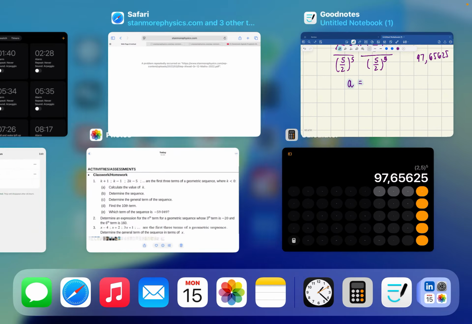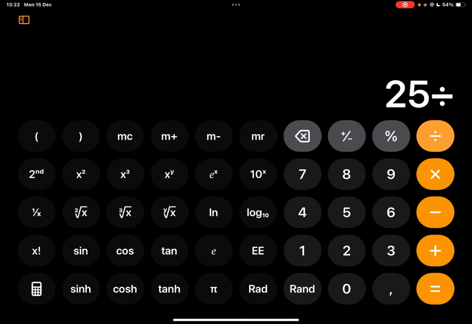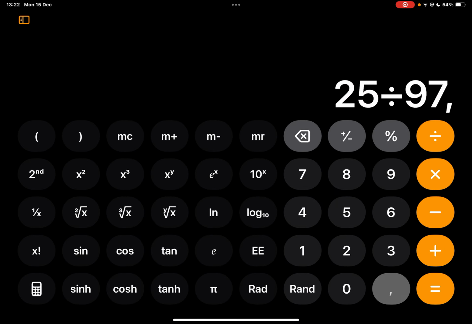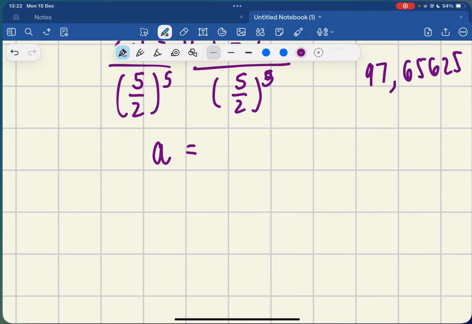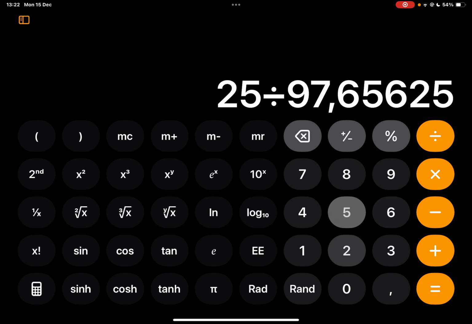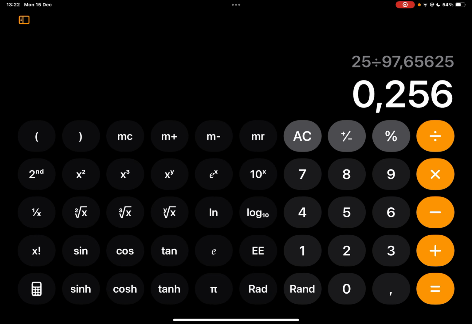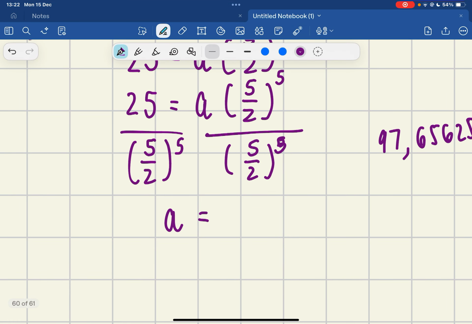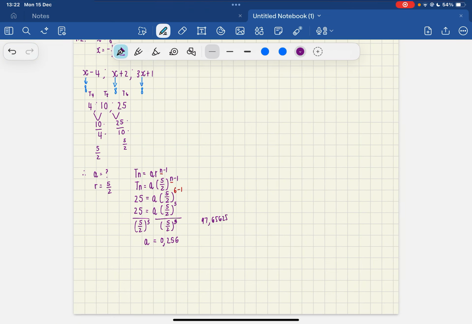So therefore, we'd say 25 divided by 97.65625. That would give us 0.256. That doesn't make sense though.